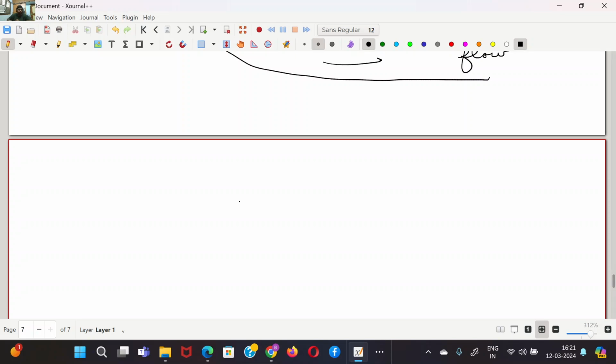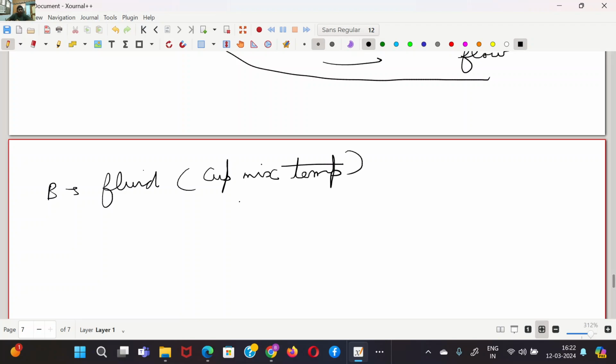Say some fluid represented by B. These are some terms that you may come across in the problems: cup mix temperature or bulk temperature, which can be TB or T infinity, etc.